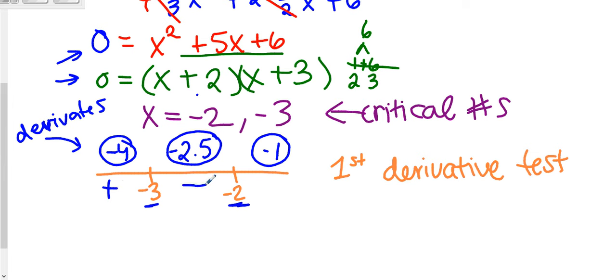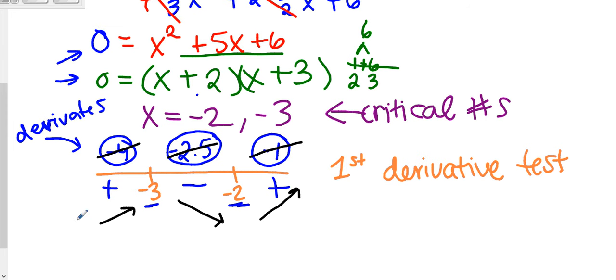Now when I plug in -1, I'll get a positive times a positive, and so I have a positive again. So now that I have used these 3 numbers to figure out the signs, I am done with them. I will never use them again. So I need to look at these signs. This plus means increasing, the minus means decreasing, and the plus means increasing. So these are the signs of our derivatives, which tells us about our original function.